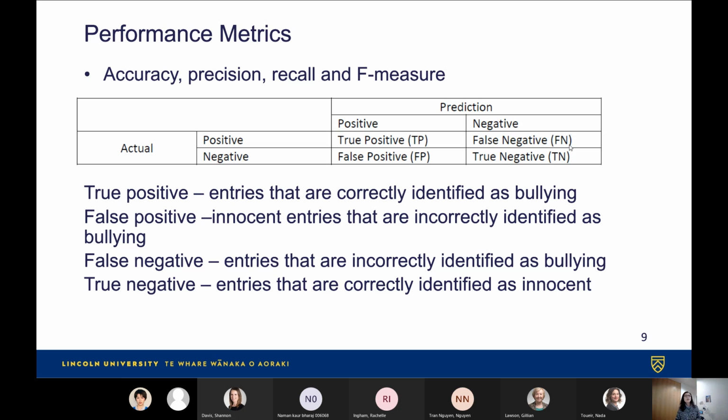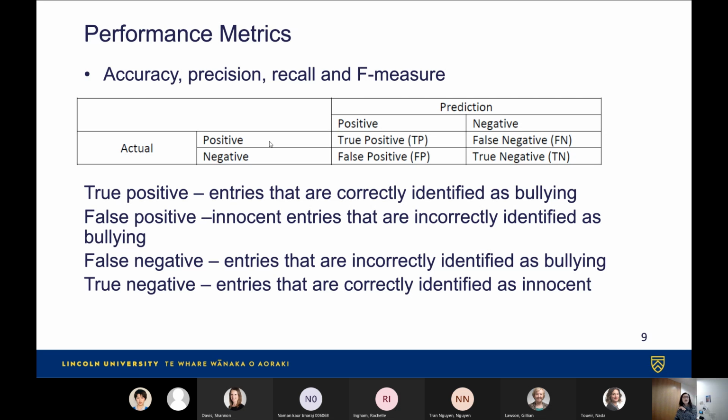Okay. So we use something called accuracy, precision, recall, and F measure. Don't worry if you don't understand this bit. But really, if you are predicting something, we are just doing classification. We're just saying it's a positive, it's a negative, or it's a cyberbullying, there is a cyberbullying element, or it's an innocent statement.